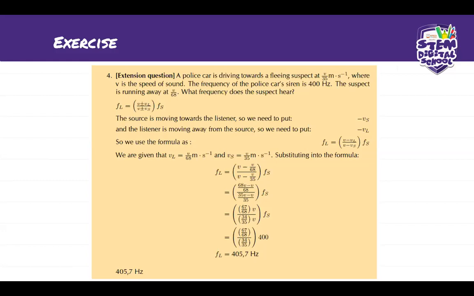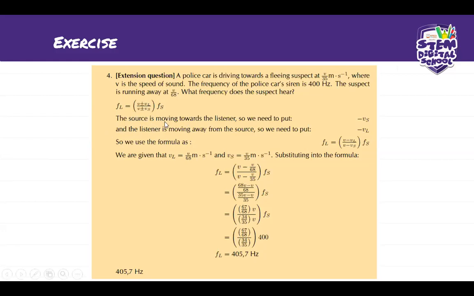So they say the source is moving towards the listener, and the listener is moving away from the source. So we need to use this formula, right? So it's going to be FL equals V minus VL over V minus VS. Why do we have it like this, guys? Because remember from our little table that shows the conditions for each.